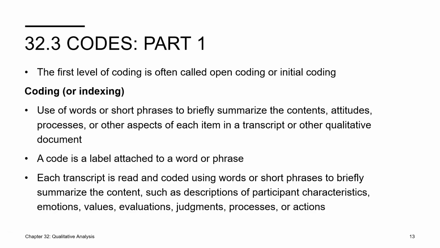And so it's really meant to be a label for a word or a phrase. So it could be a label for language. It could be a phrase, language or linguistics, services, or lived experiences. And so typically what you want to do is read the full content of the data and then use words or phrases to create a category for it.